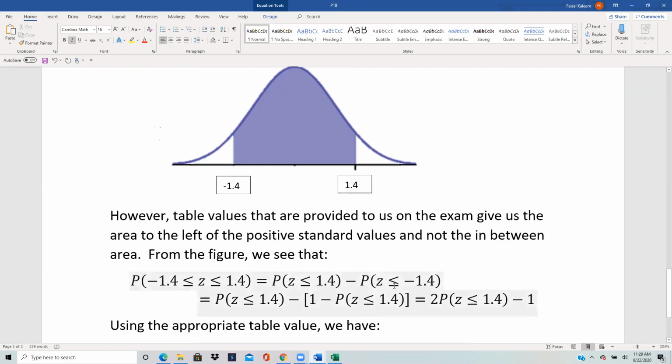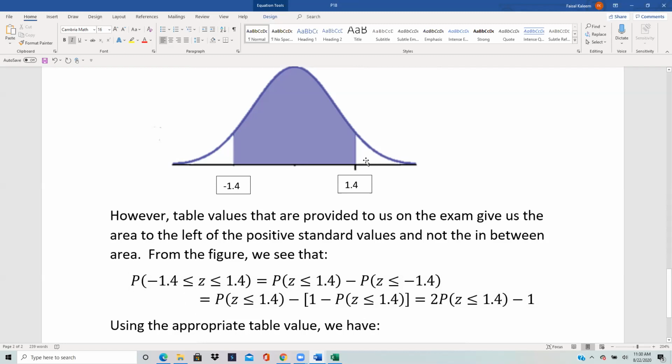So now we still have the issue that we have this negative value and we need everything positive to use the table. The area on the left of negative 1.4 is this area, which is the same as the one over here, which will be 1 minus the area on the left of 1.4. So this area is the complement of the area on the left of 1.4.